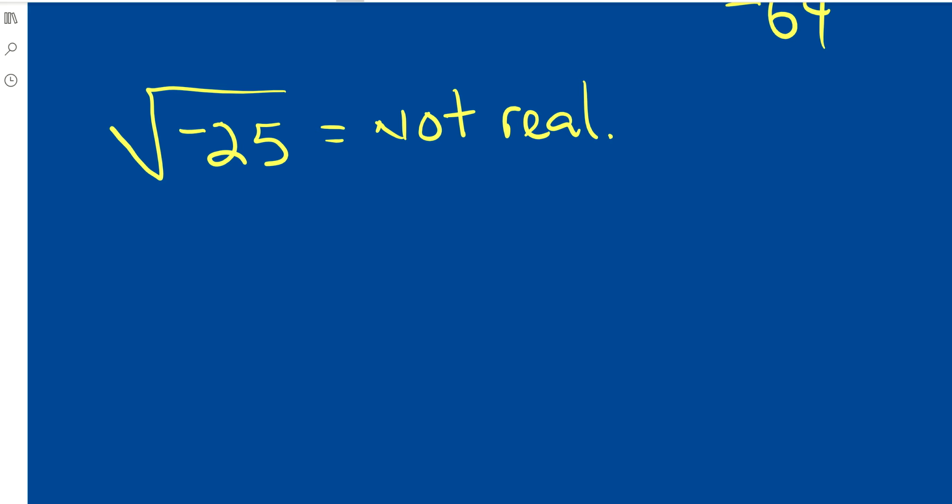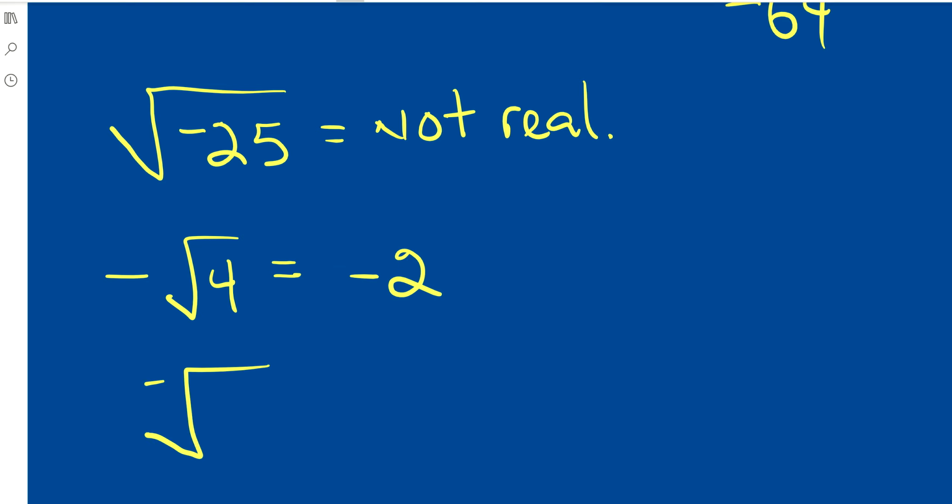Okay, and then how about I've got negative on the outside, square root of 4. So this one, square root of 4 is 2, and the negative just comes along. So I got a negative 2 there. How about the cube root? Here's the cube root of negative 1. All right, well, what do we know about negative 1?